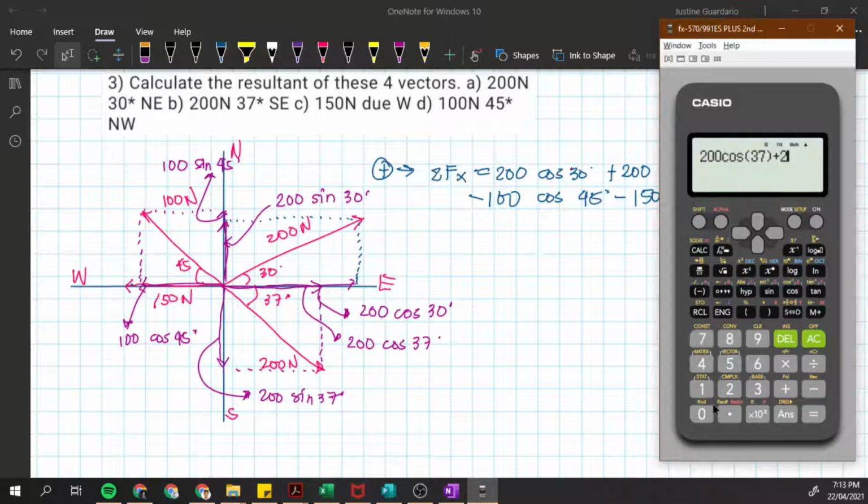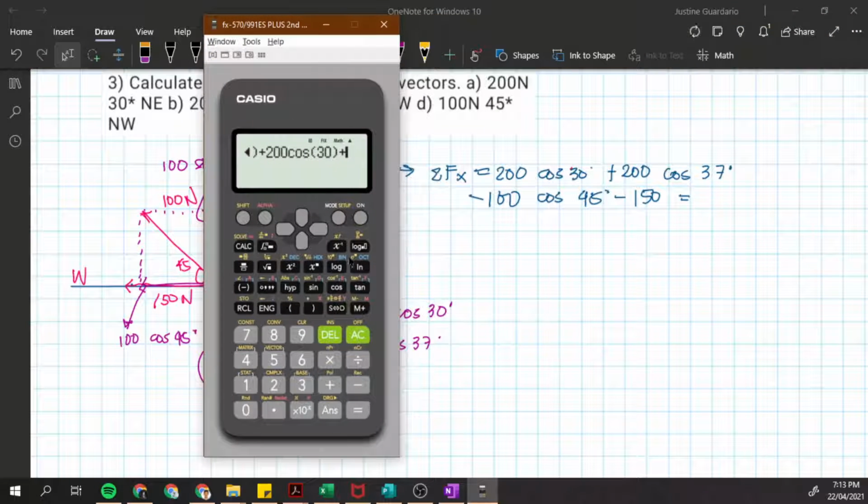Then we have 200 cosine 30 plus, okay, so minus 100 cosine 45, okay. Then we also have here minus 150, okay. Meron tayong summation ng forces natin along x-axis is 112.